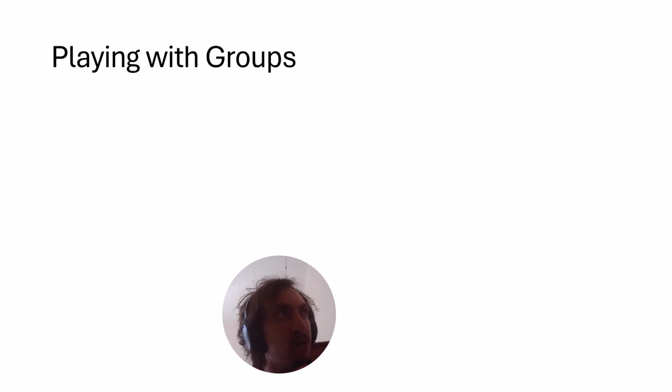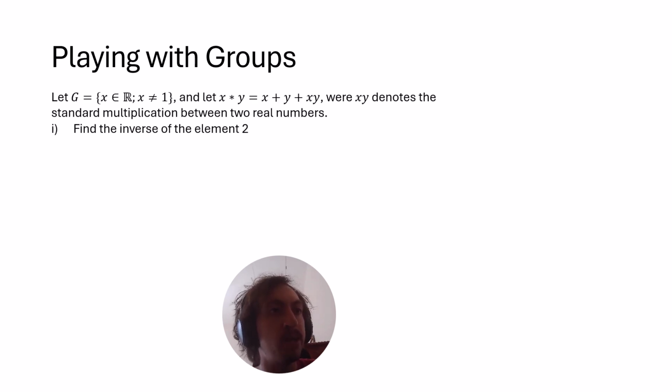The operation will be the operation of the group. So we'll be doing algebra, if you like, within the group itself, and using the operation of the group. So our first task will be to find the inverse element of 2.